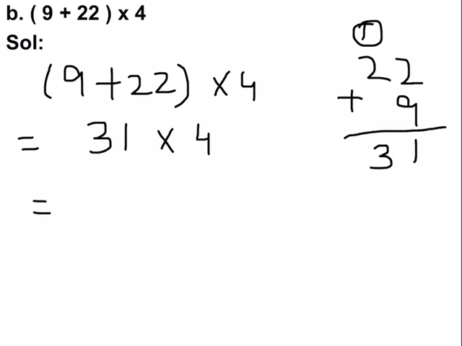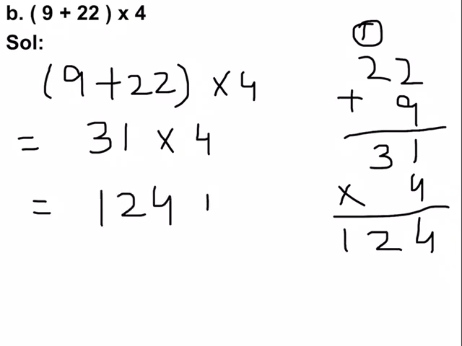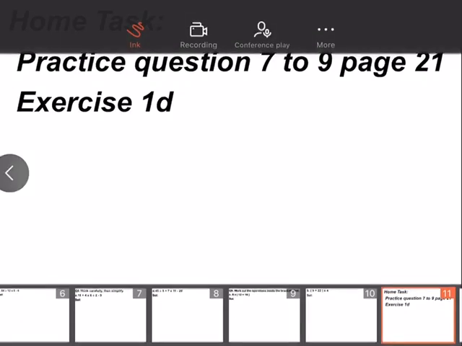Now in this step we will solve the multiplication, that is 31 multiplied by 4. 4 1s are 4. 4 2s are 8. 4 3s are 12. So the answer of part B is 124. Yes student, I hope you understand the lecture.